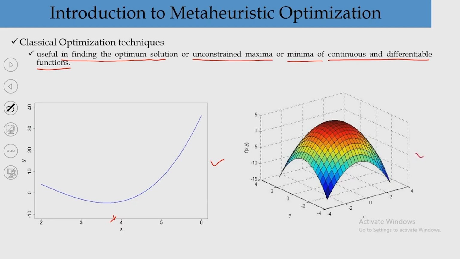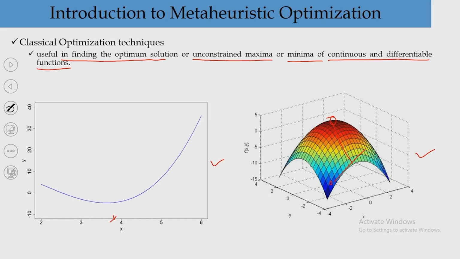Similarly, if I take this two variable function, this is also a convex function. You apply any method like Newton's method, the univariate method, the conjugate direction method, or the steepest descent method. You search from any point and finally you will get the optimal solution of this particular problem.